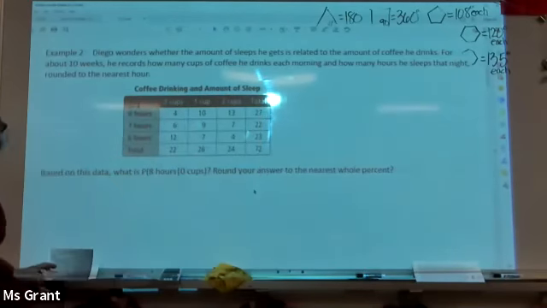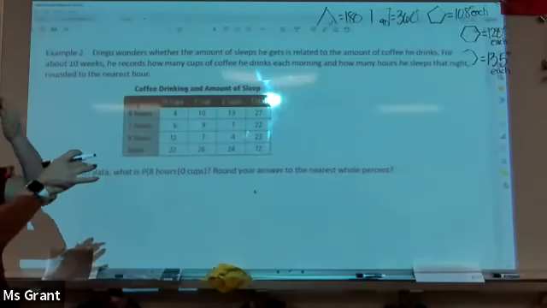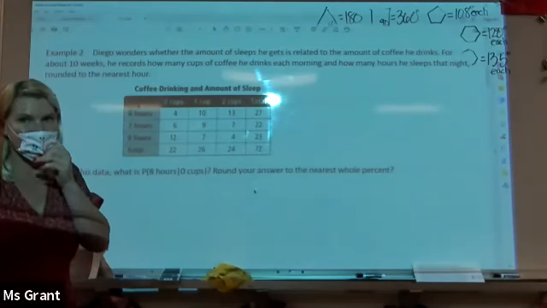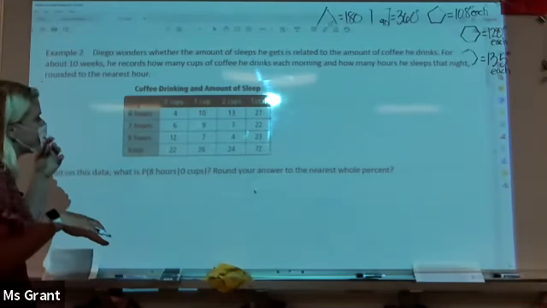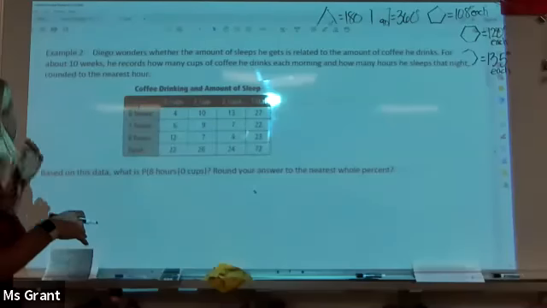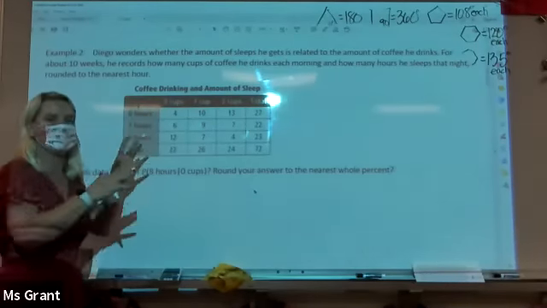Diego wonders whether the amount of sleep he gets is related to the amount of coffee he drinks. For 10 weeks, he records how many cups of coffee he drinks each morning. So he's not drinking it at night, he's drinking in the morning. And how many hours of sleep he sleeps that night, rounded to the nearest hour. Okay, just a little explanation.